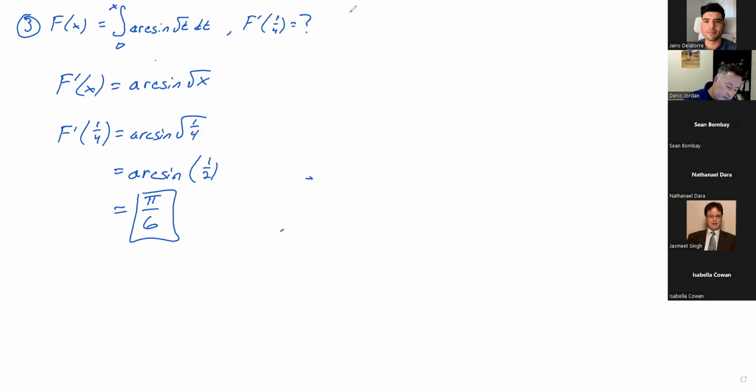At t equals 0, a particle starts at 6 feet and moves along the line in such a way that at time t, its acceleration is 24 t squared feet per second per second. So if the particle's velocity is 8 feet per second when t is 0, what is the position of the particle at t equals 2?